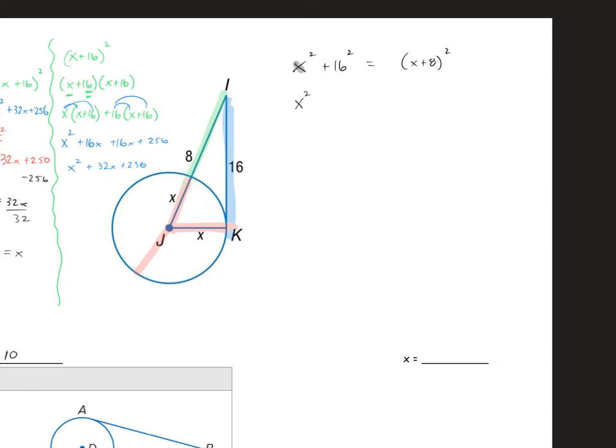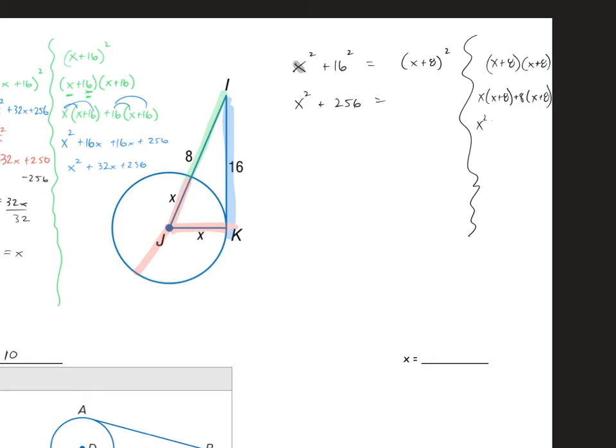So x squared plus 16 squared is x squared plus 256. That is equal to, and I'll show you the work that I'm going to do off to the side here, x plus 8 times x plus 8. That means x times x plus 8, plus 8 times x plus 8.